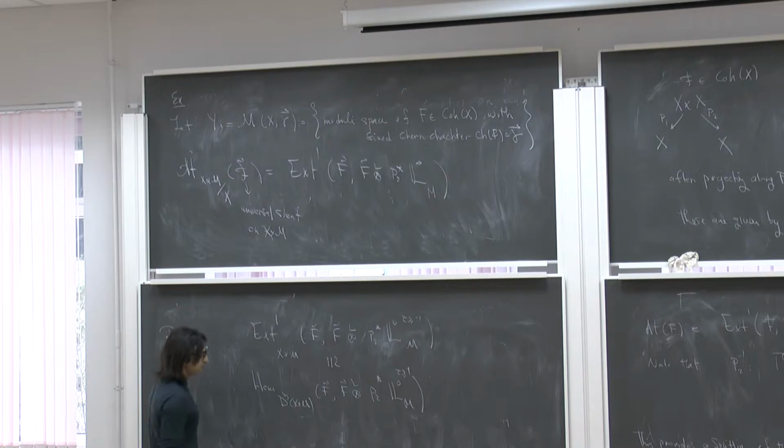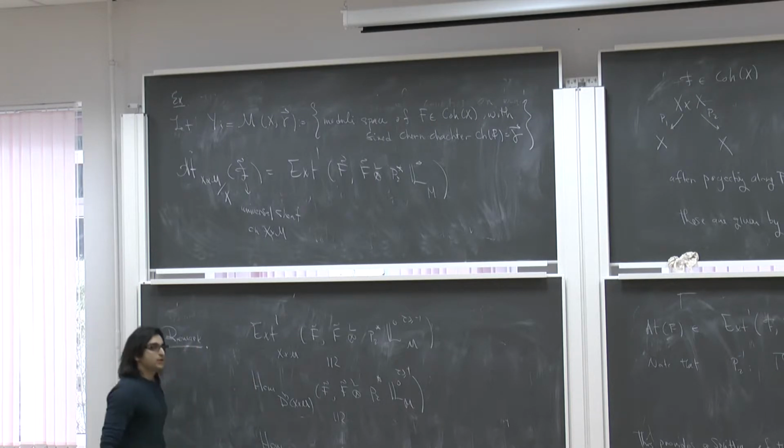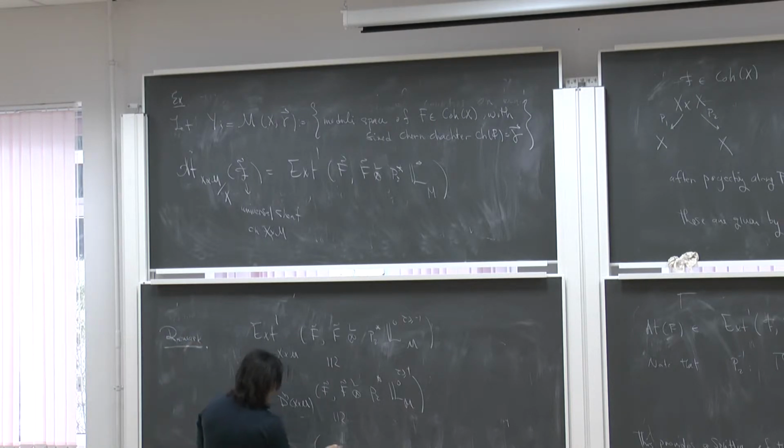And then it's just a fact in derived category that you can put this sheaf over here. So this is in fact isomorphic to, as a group, a homomorphism in the derived category of X times the moduli space. From this you can move it in here, and this will be a certain Ext between F and itself, and it isolates this pullback of this cotangent complex.